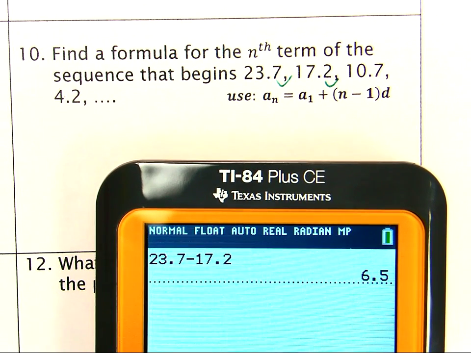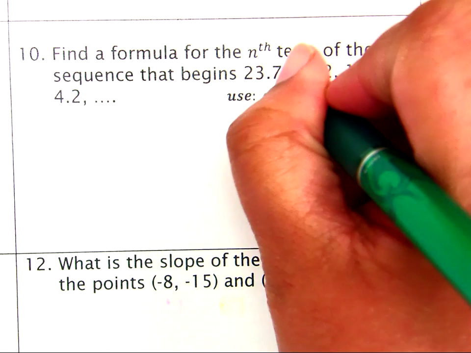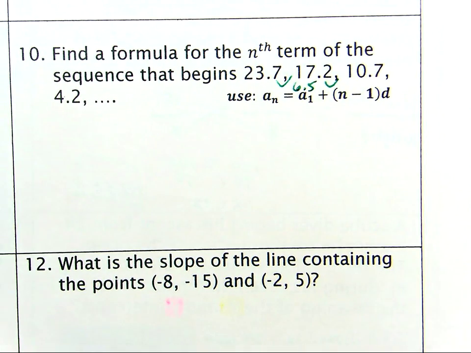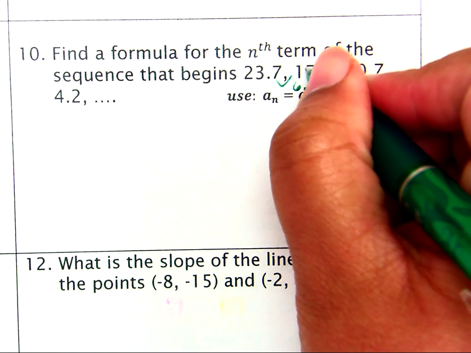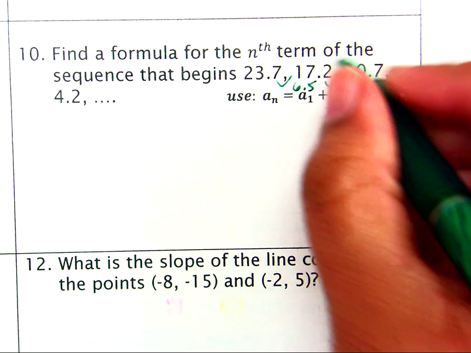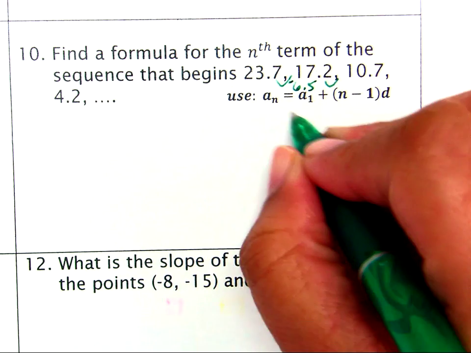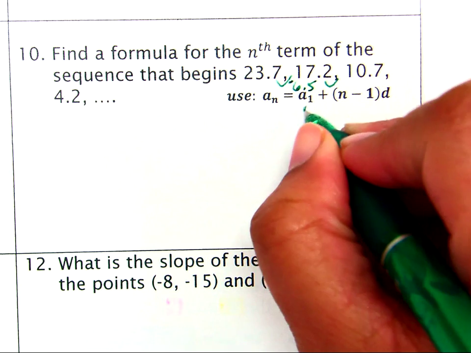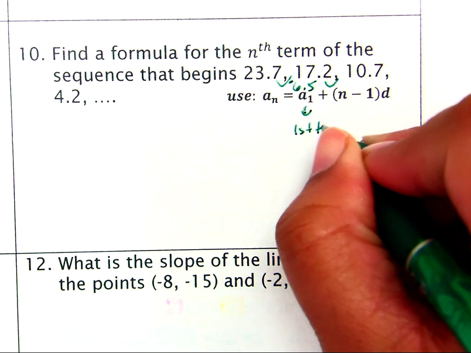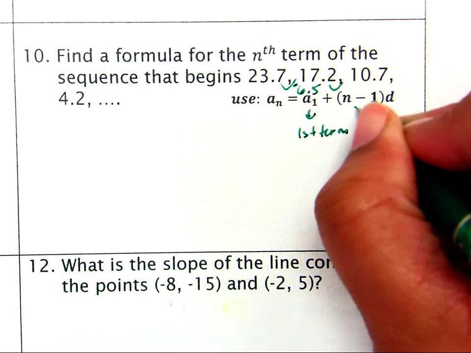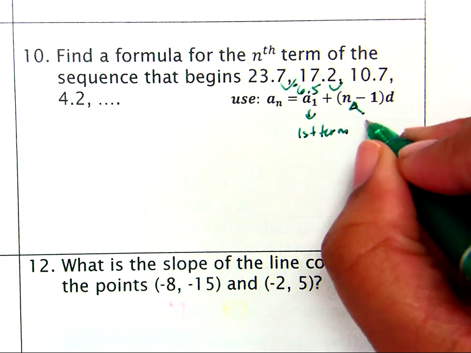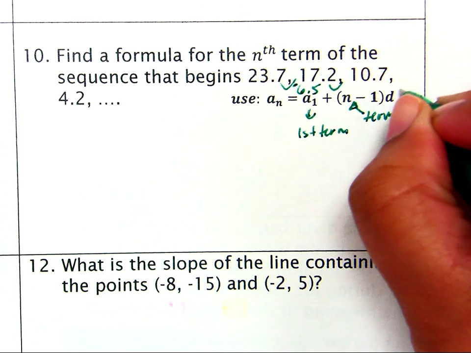Okay, I know that it's changing by 6.5, but if you look, this is a negative because it's going down, so this is negative. So if you'll remember, this is the first term. This is the term you're looking for, and this is the difference.